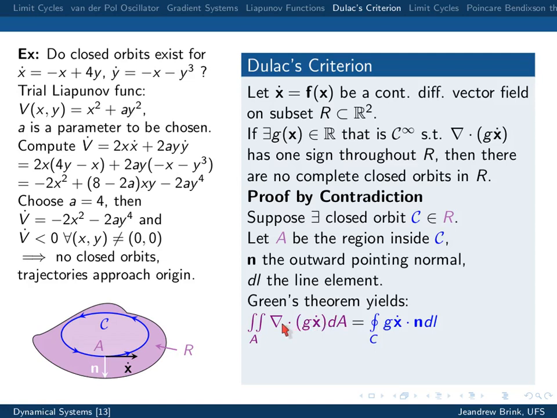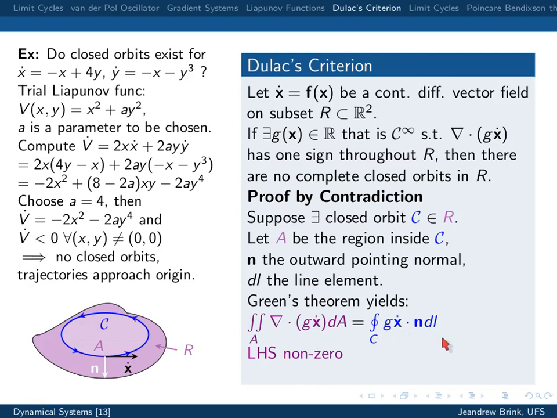We assumed, as one of our assumptions, that the divergence of g of x has one sign throughout R. So in particular, it's going to have one sign over all of little a, the light-colored region, which is contained inside of R. So we know that this thing is non-zero, because the integral of something that has one sign over an area is either a positive or a negative number. That's all we need, it's non-zero.